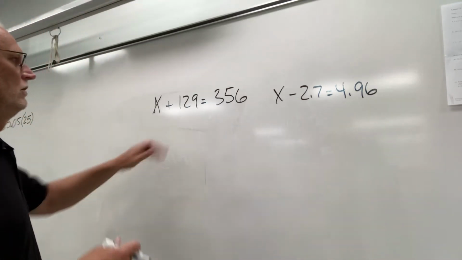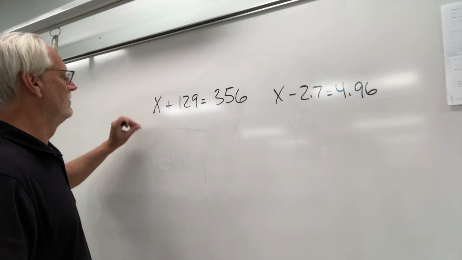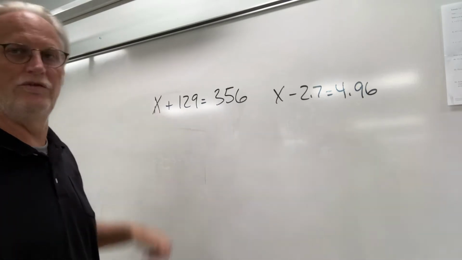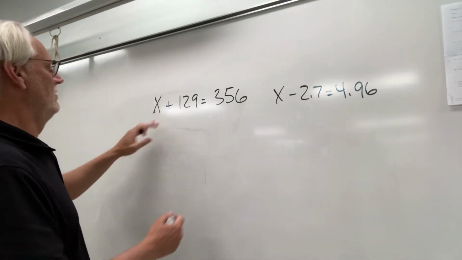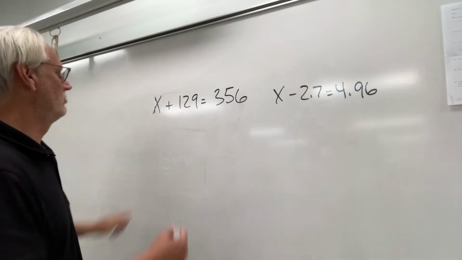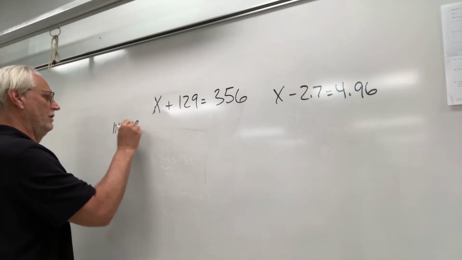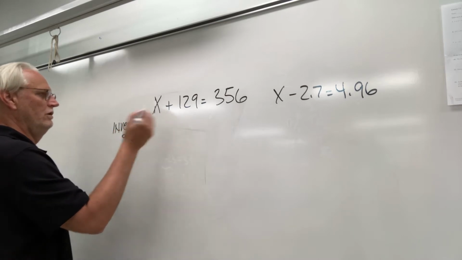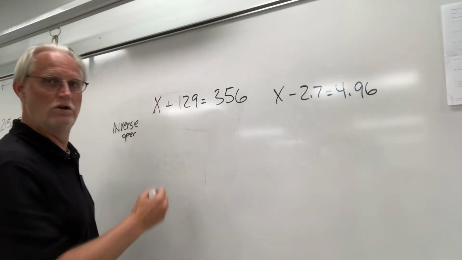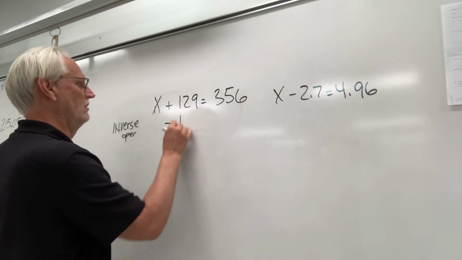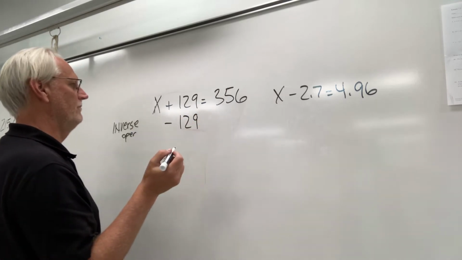So we're going to do x plus 129 equals 356. So this is an addition problem. So we're going to do the inverse operation. I'm going to write that here, inverse operation. So the inverse of adding 129 is subtracting 129, okay?